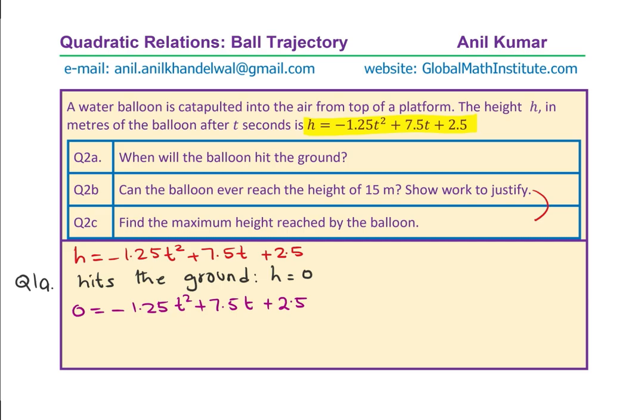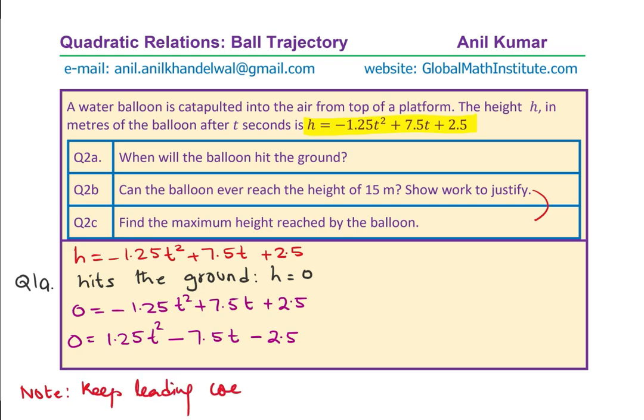Okay, so I prefer to make the leading coefficient positive, so I'm multiplying by minus 1. So I'll write this as 1.25 t squared minus 7.5 t minus 2.5. Do you see that? Since I want to keep the leading coefficient positive, right? So that is a note. And then we'll calculate using the formula itself, and the formula is t equals minus b.